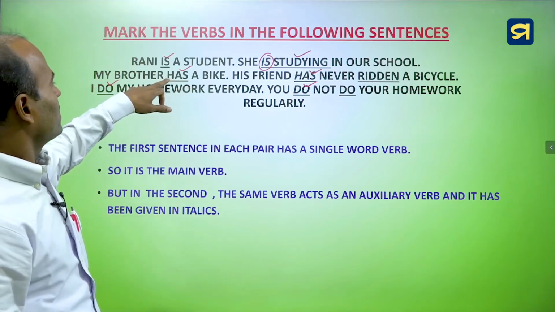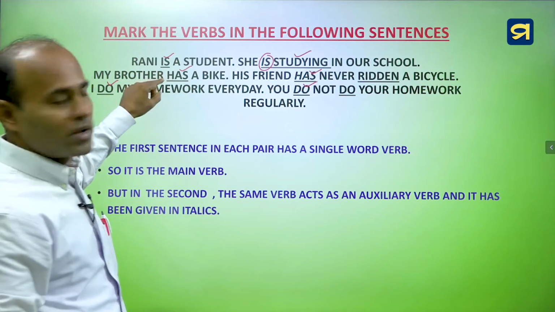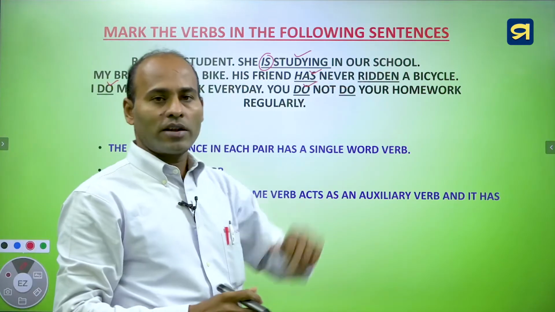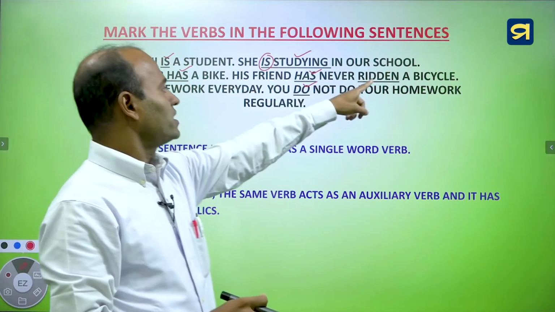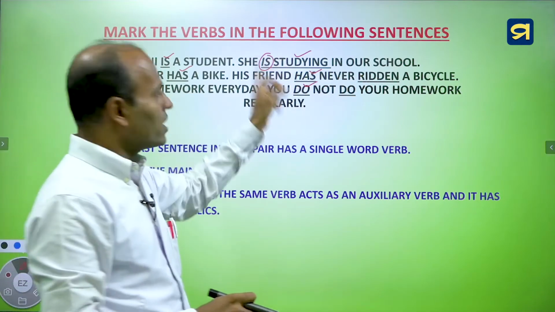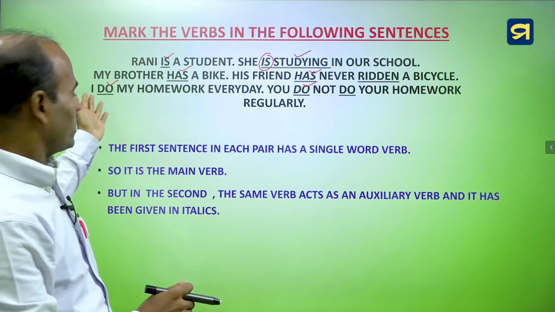Has is now used here as main verb, but in the following sentence, his friend has never ridden a bicycle. Here, has ridden means has is used as the auxiliary, and the case is same here in the third one.